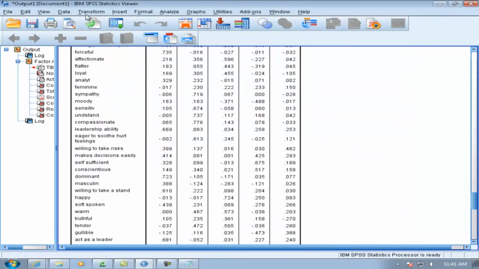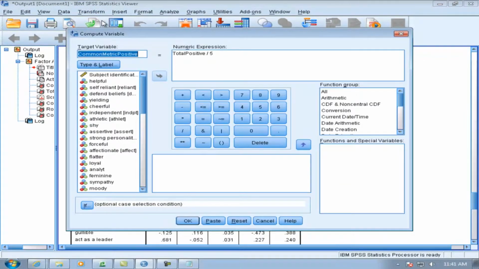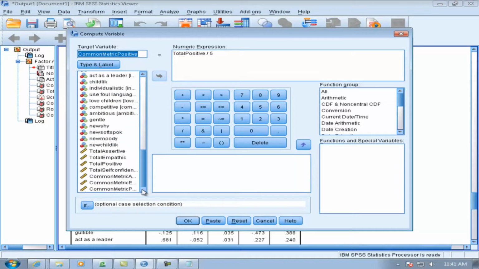Now we're going to go back, and I think we got another one or two more to do. We did total, now we got total self-confidence.